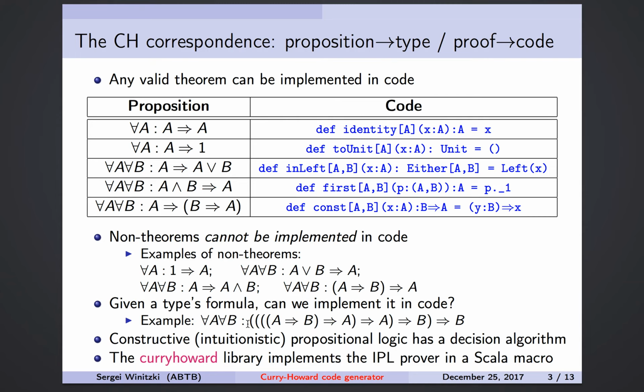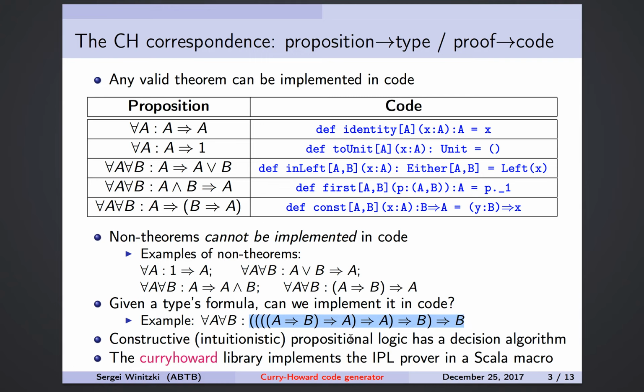So there's an algorithm that takes any expression of this sort, made of implications, conjunctions, disjunctions, and type variables, and decides if you can implement this, if this is a true theorem, that for all values of the type variables, some formula is true. So there's a decision algorithm.